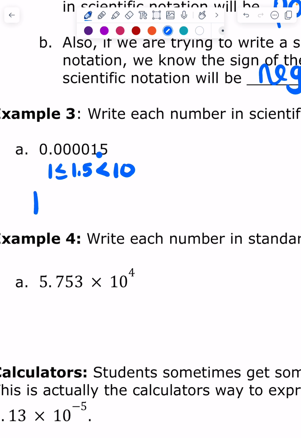So it's going to be 1.5 times 10 to some negative power, and then the power is going to be how many hops it took to get to where I have the decimal now from where it was. So I'm going to use a different color here. I went 1, 2, 3, 4, 5 hops to get there. So it's 1.5 times 10 to the negative 5.